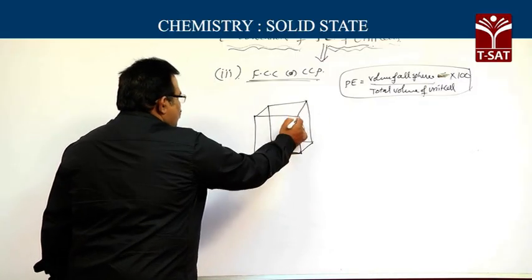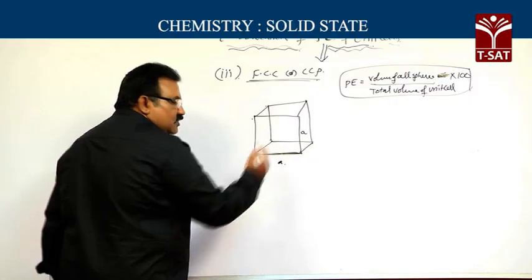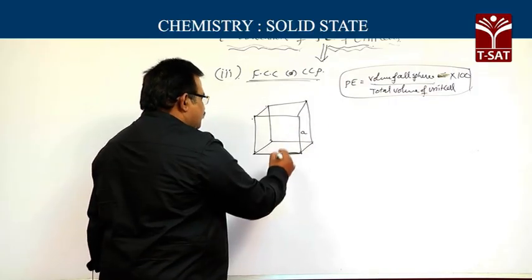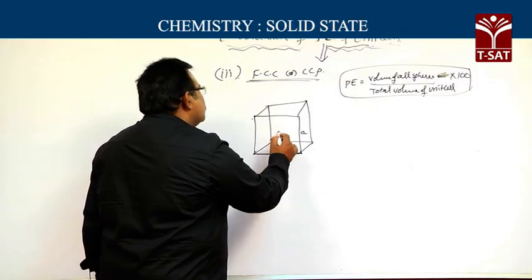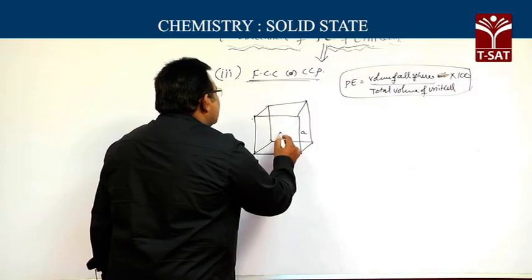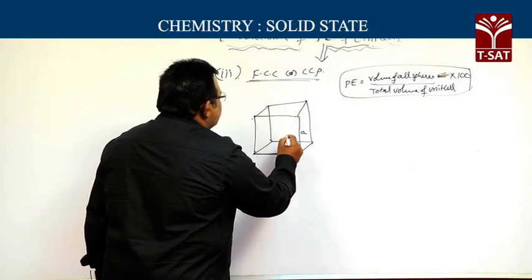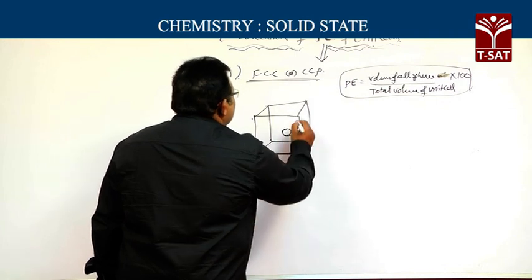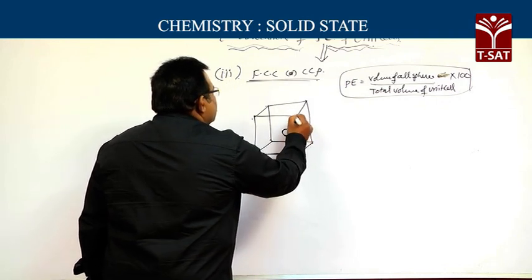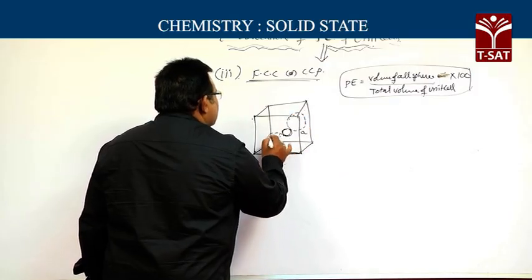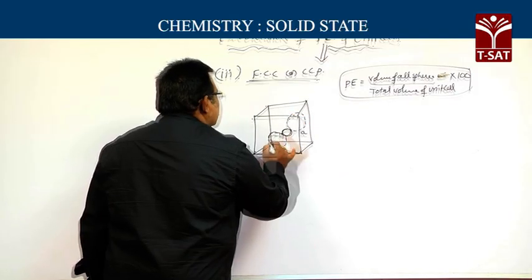Here also at corners different spheres are present, and at face centers. Face center means here. This is the face, its center is here, and this is the corner, and this is another corner.